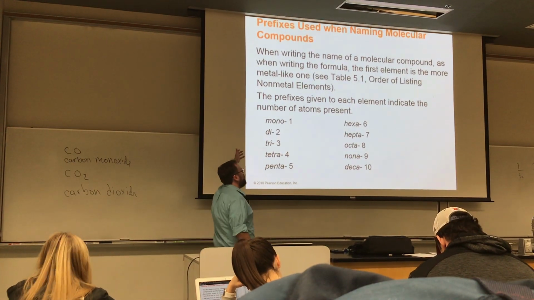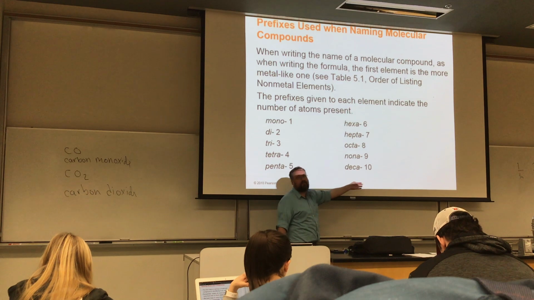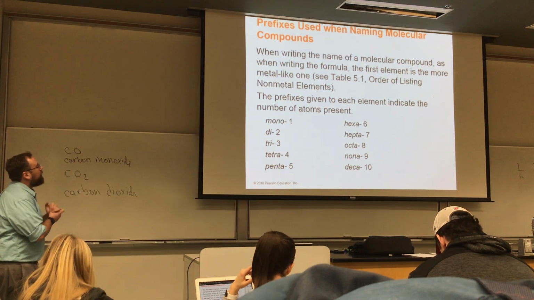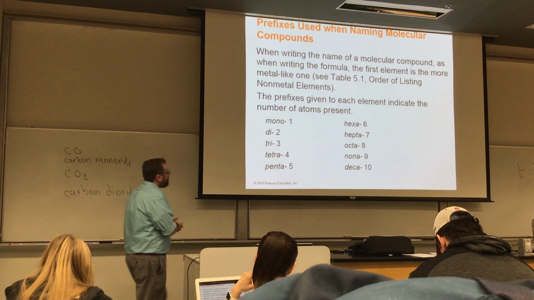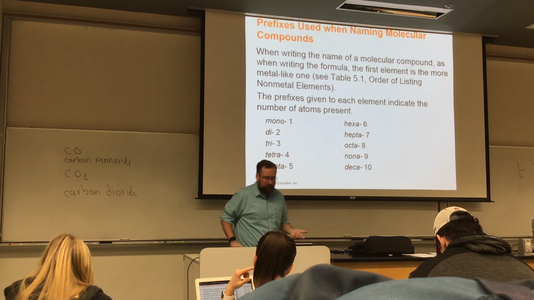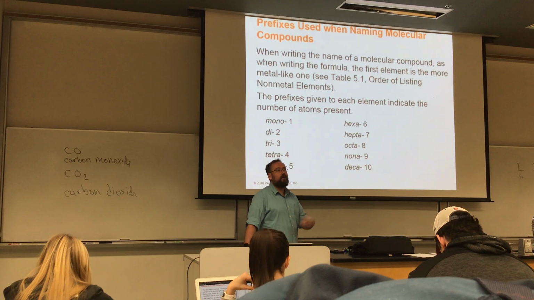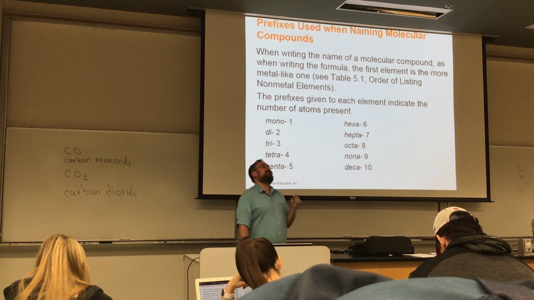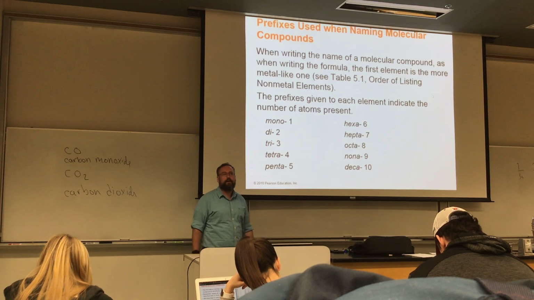So this is the list of prefixes we should be familiar with. They tell us in words how many atoms of a particular element we have in our binary compound.